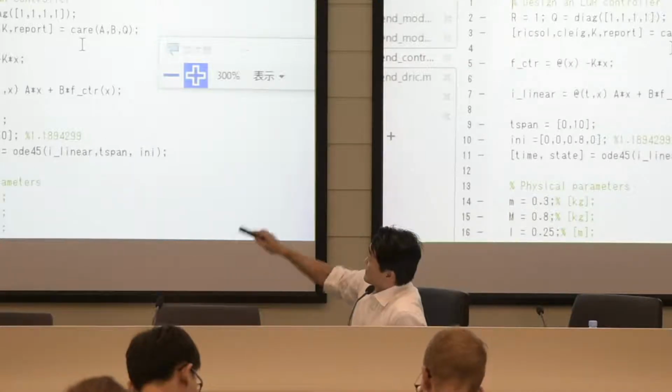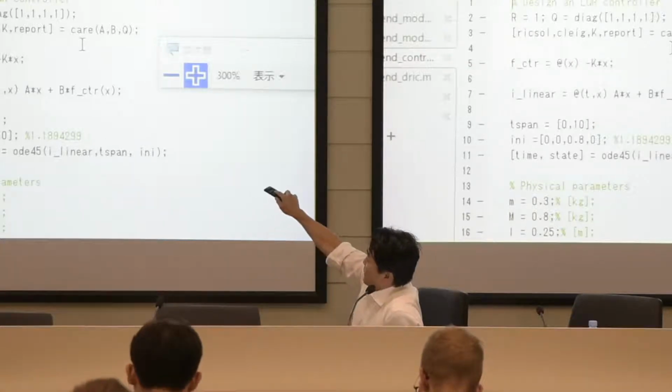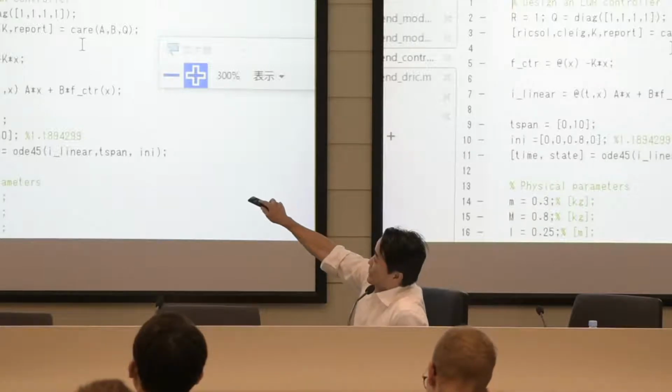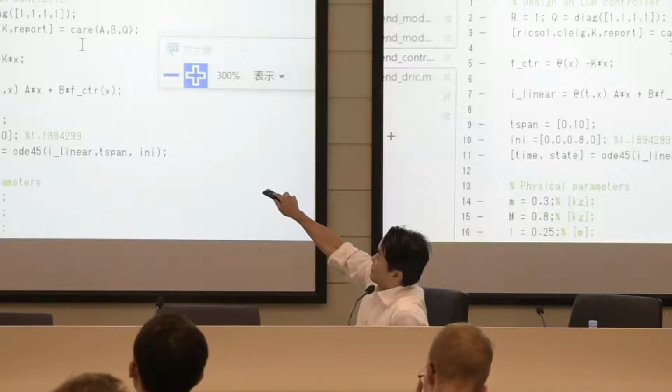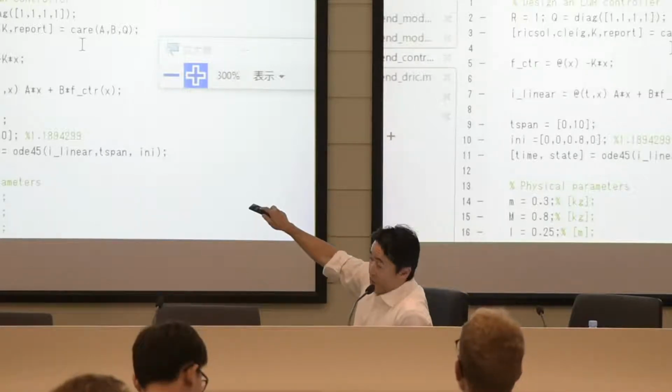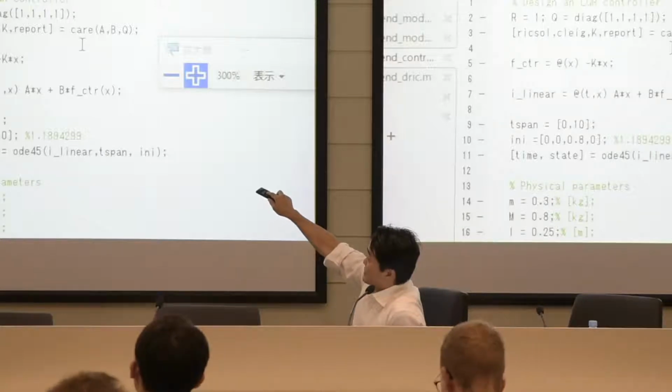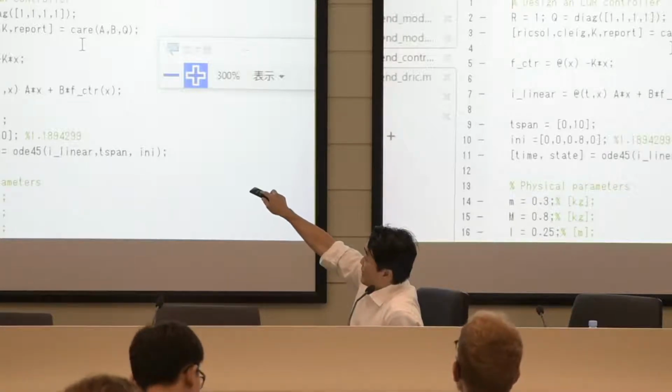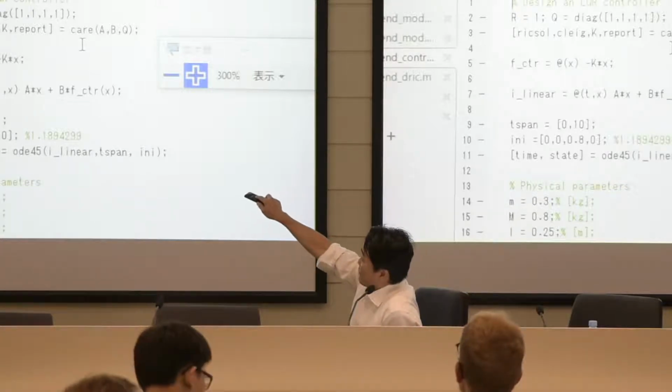So using this K, I define the control function, feedback function, F under bar control. This at mark is very, very convenient. This defines a function of X. So I'm defining a function.